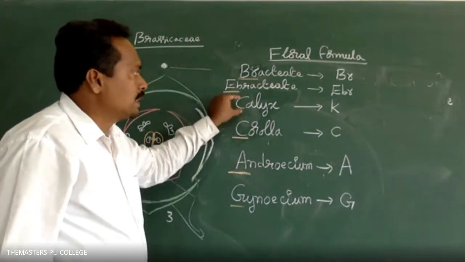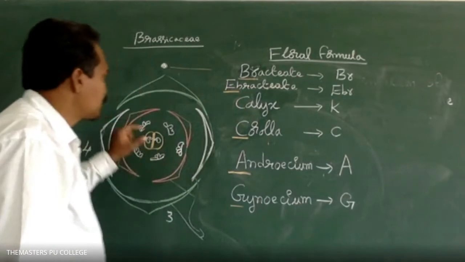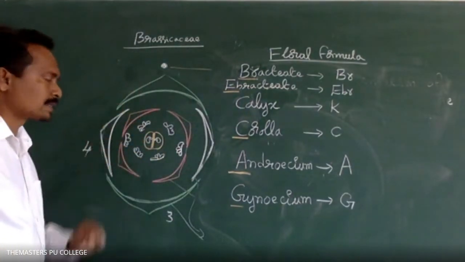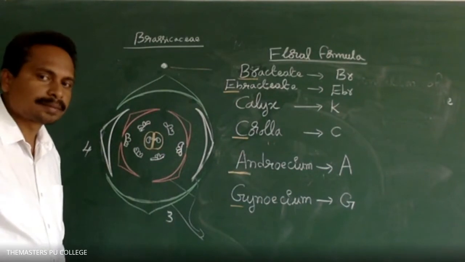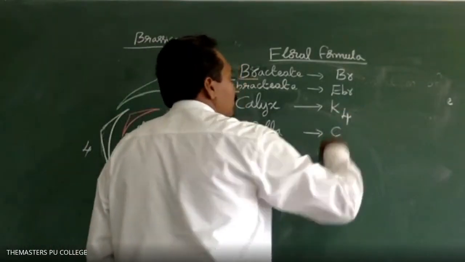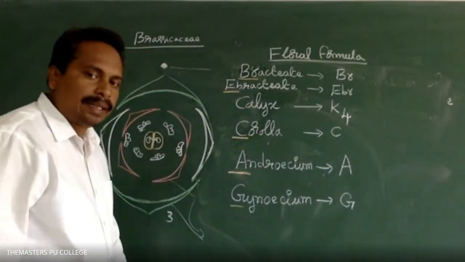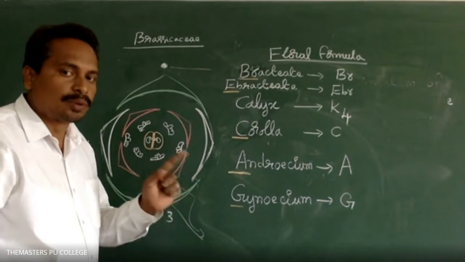Numbers indicate numericals. Suppose in this flower the calyx consists of how many sepals? 4 sepals. That is K4. K4 indicates the calyx consists of 4 sepals.